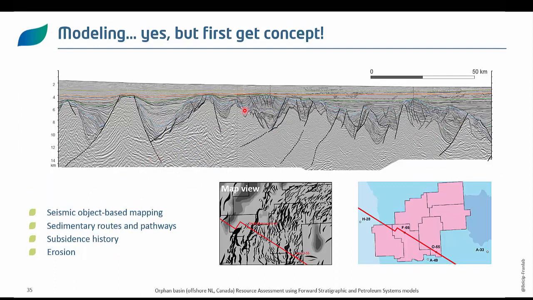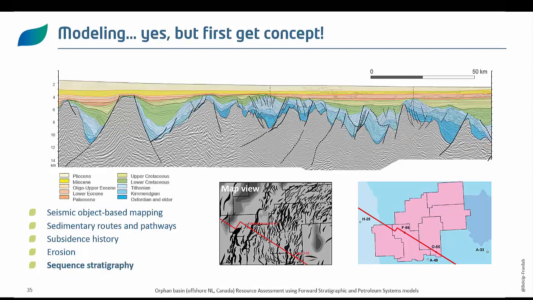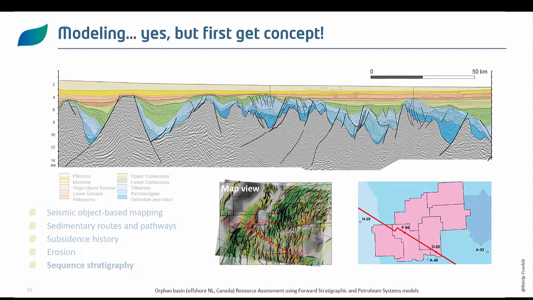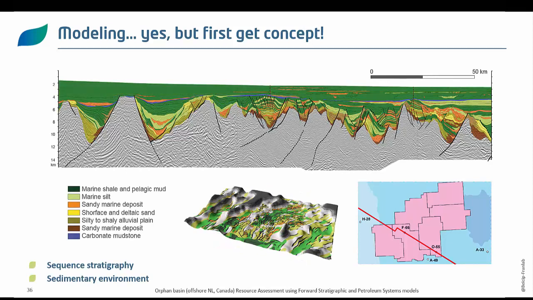Then a precise object-based mapping of the seismic was performed toward the whole area in order to highlight the sequence stratigraphic framework, the relation between sedimentation and complex deformation, and finally the successive depositional environments.